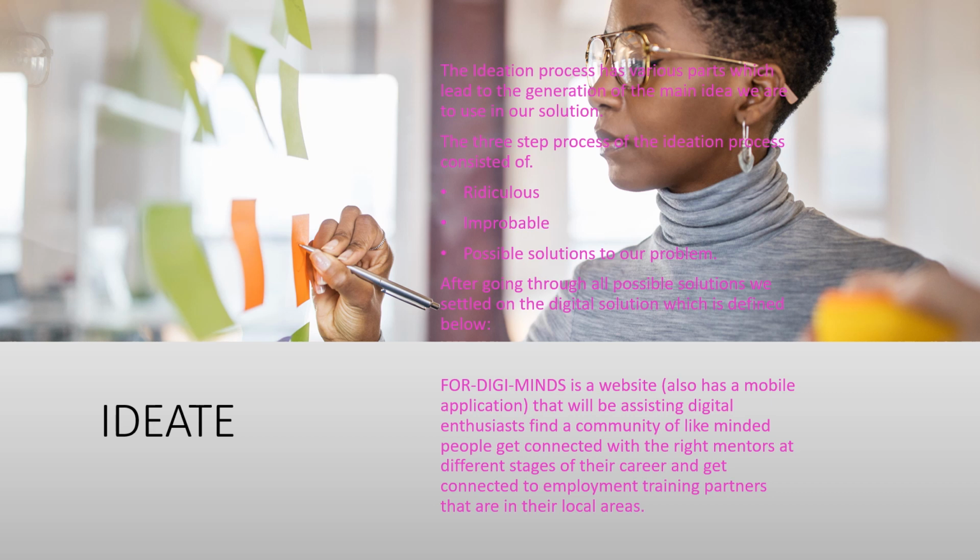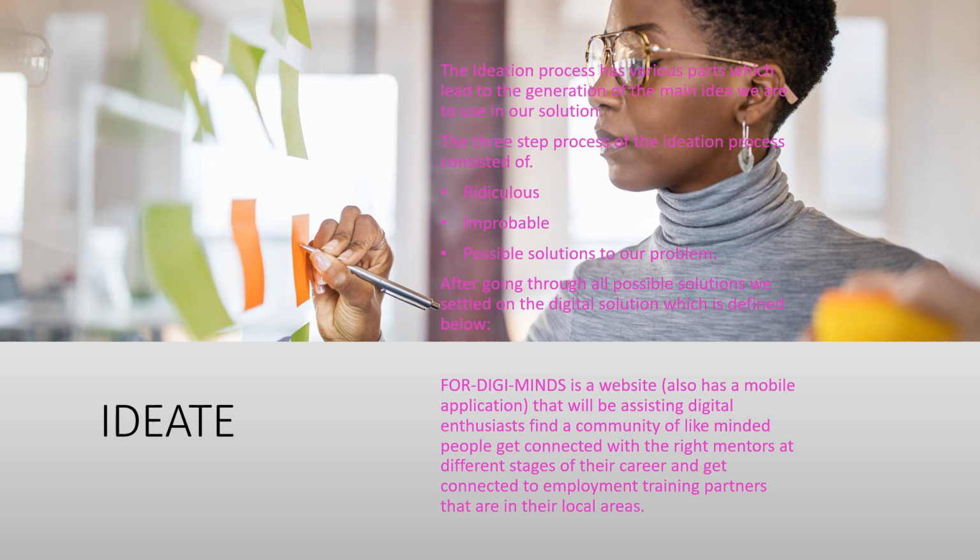It could be a solution, but we cannot really use it. And then we had improbable solutions, which were the kinds of solutions that could be, but maybe they have different moving parts that we couldn't really implement in our solution. And then we have possible solutions, which are well defined and concise solutions that we can actually use to solve our problem.